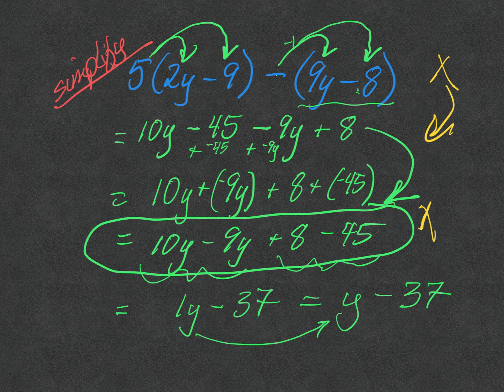This is a case where using a calculator to check your arithmetic is fine. For instance, if I wrote 10y minus 9 here, and I multiply by 5, then 5 times negative 9 is negative 45. Don't just write 9.